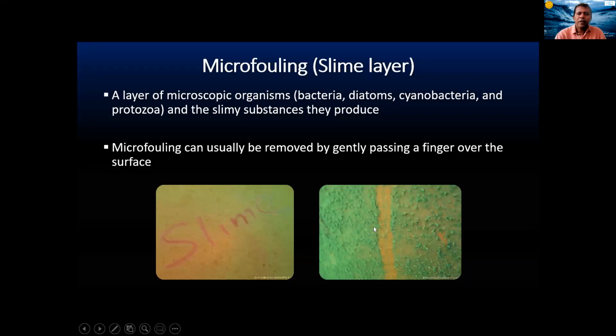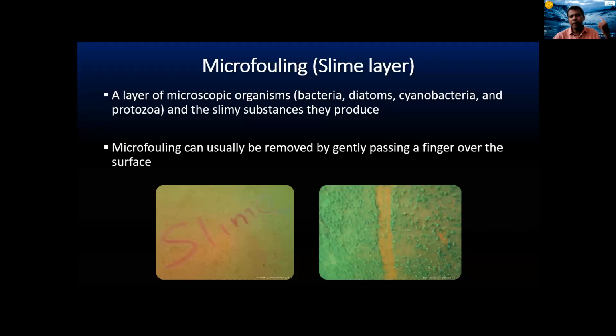You see at the beginning you can even clean this with your finger, right? But this slime gradually changes into different communities, and at the end you will have a very hard substrate where even with a knife or a sharp object you can't remove them, right?